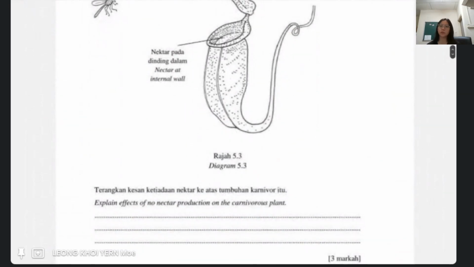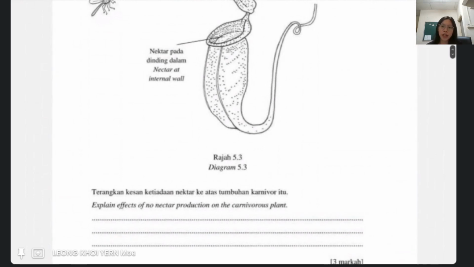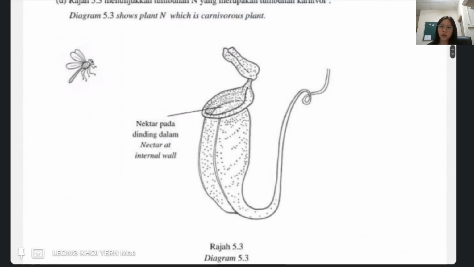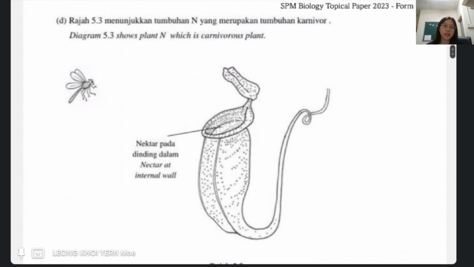Right here is more of a KBAT question asking you to explain the effect if there is no nectar production on the carnivorous plant. So this pitcher plant, they actually secrete this nectar. This nectar, they want to attract the insect. You can take a look at another example like a flowering plant.